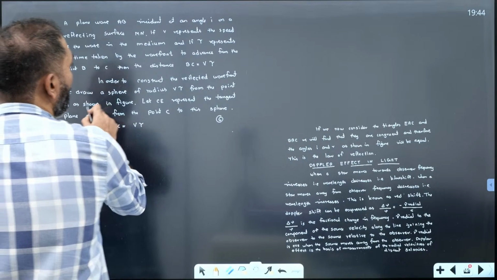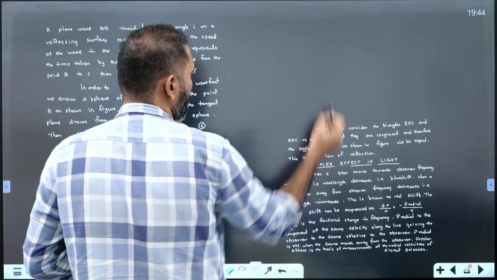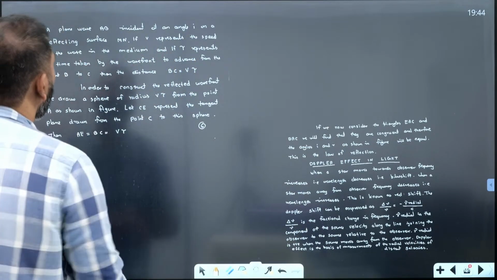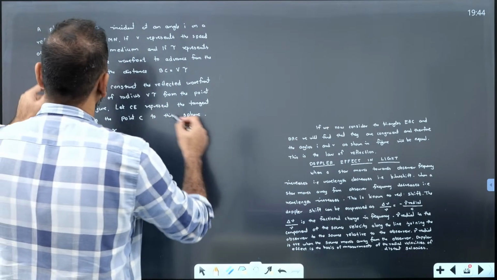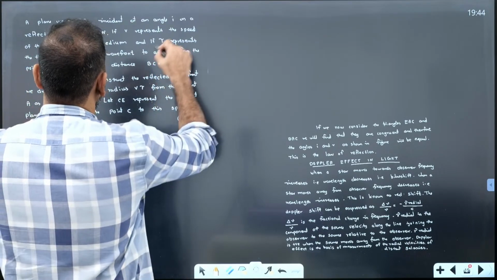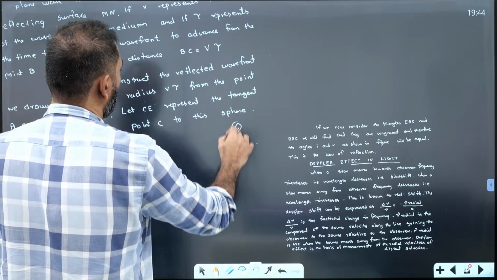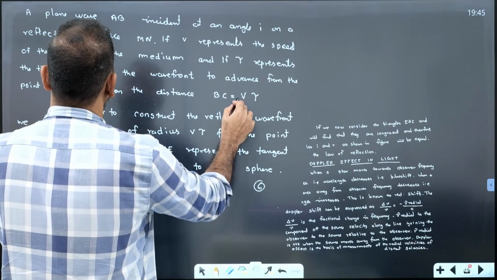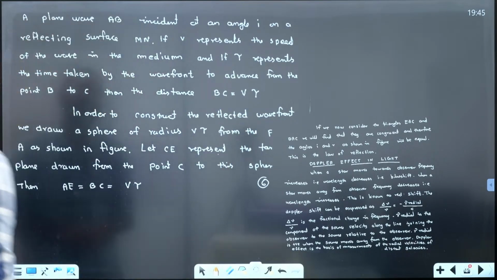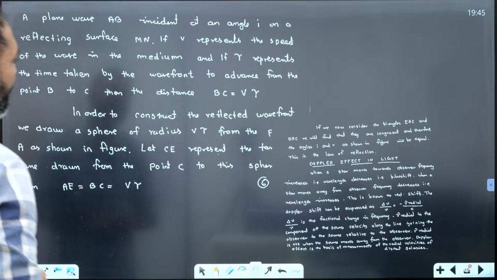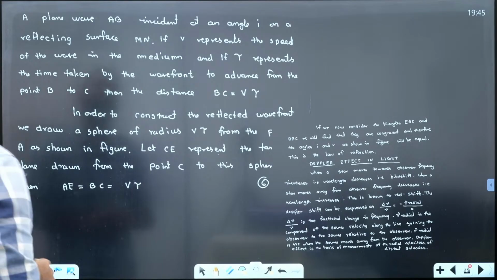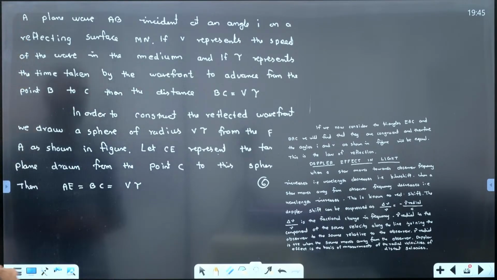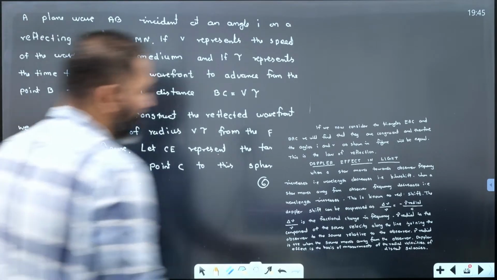A plane wave AB incident at an angle i on a reflecting surface MN.